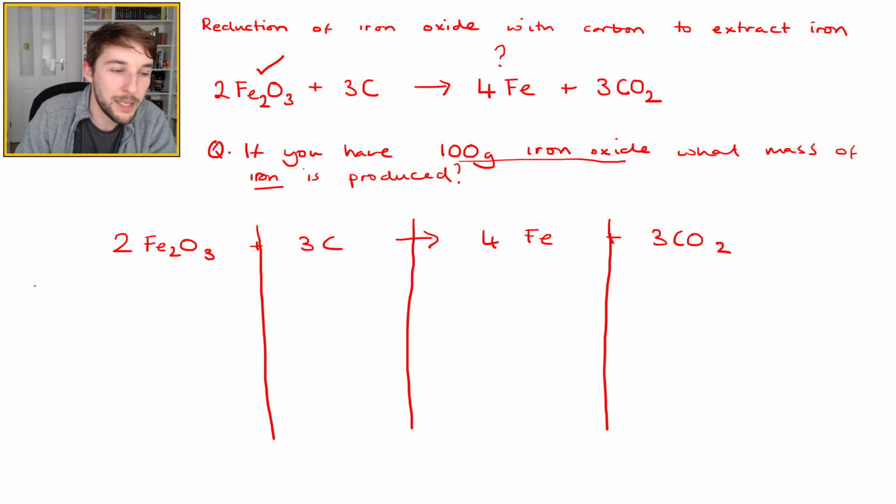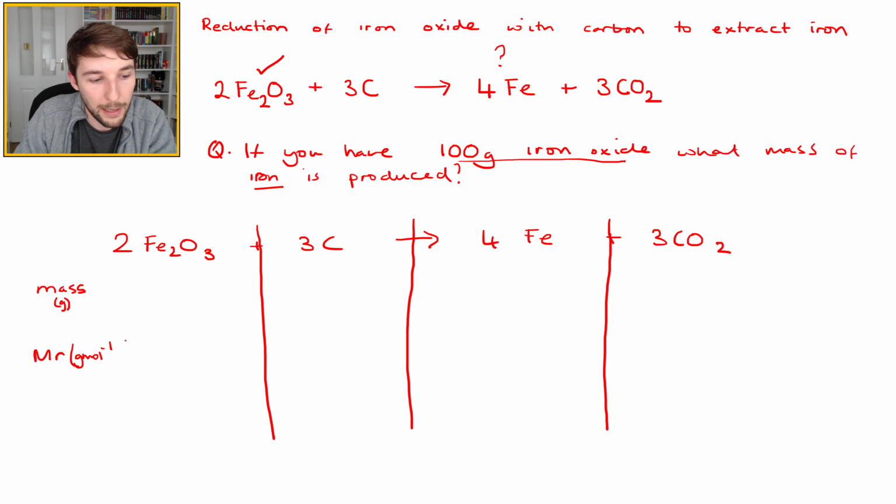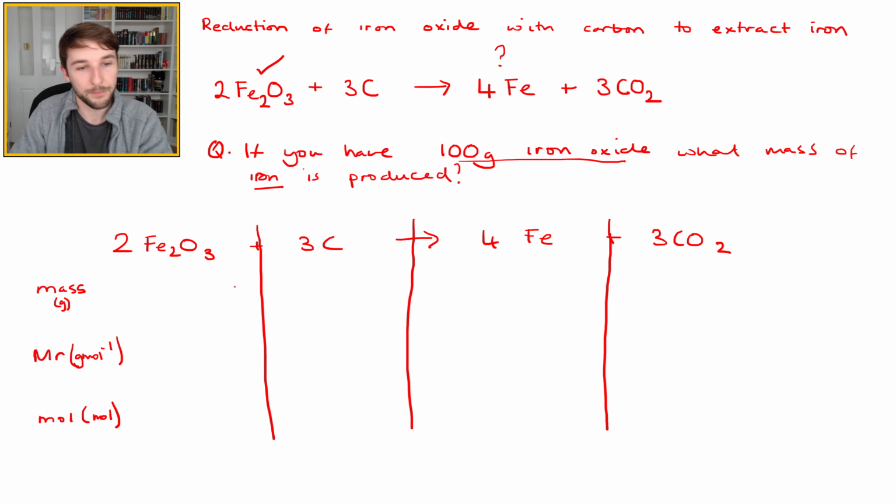And then I'm going to write 3 terms on the left-hand side: mass, and that has to be in grams; MR, has to be in grams per mole; and mole, which is in mole. Then we're going to write in any information that we know or we can work out. We were interested in these two, so anything else we can ignore.